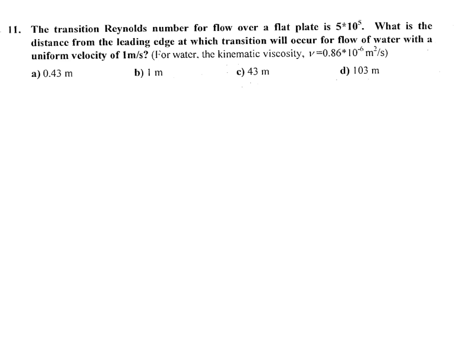Data given are: R equal to 5 into 10 to the power 5. Then distance from leading edge, x, we have to calculate. Uniform velocity V equal to 1 meter per second.